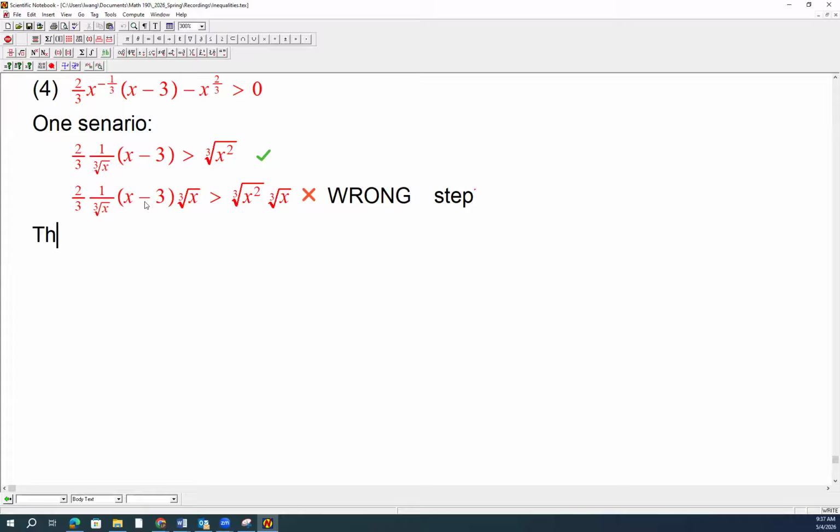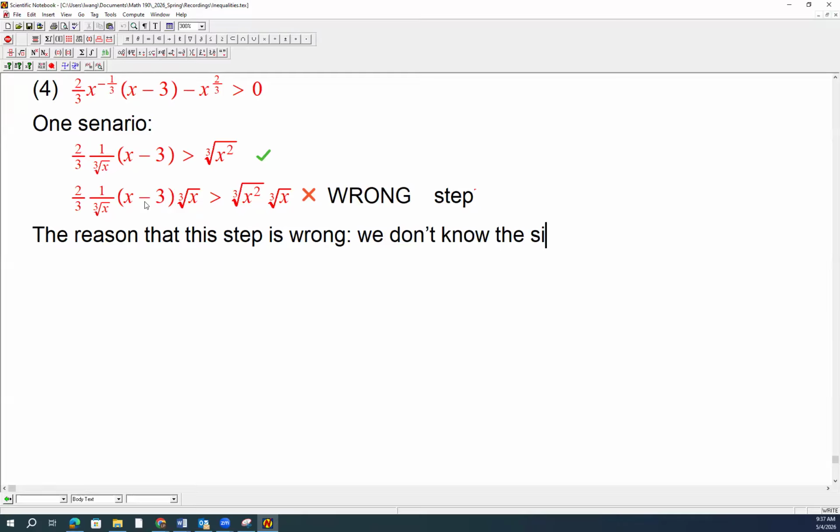The reason that this step is wrong is that we don't know the sign of the cubic root of x raised to the power 3.